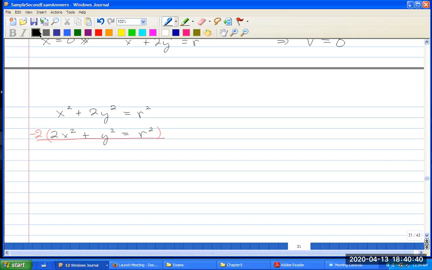And so I get minus 4x squared minus x squared is minus 3x squared. The y squared terms cancel, equals r squared minus 2r squared is minus r squared. So I get that x squared is equal to 1/3 r squared.